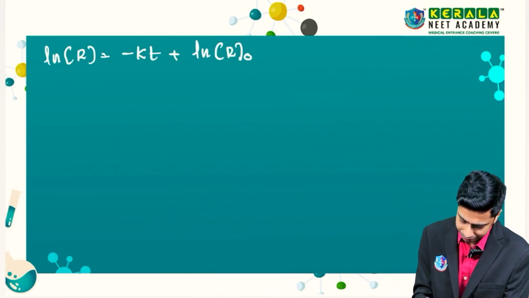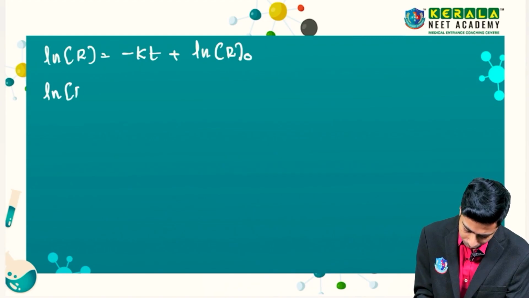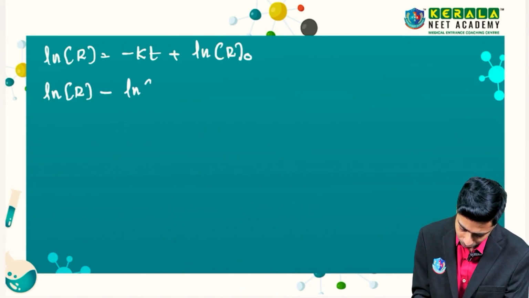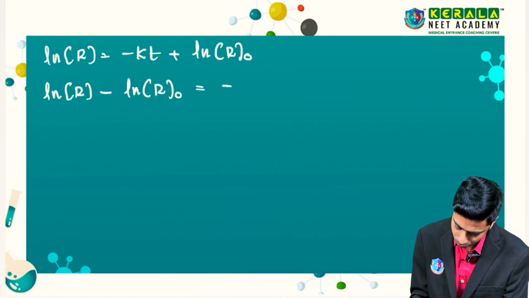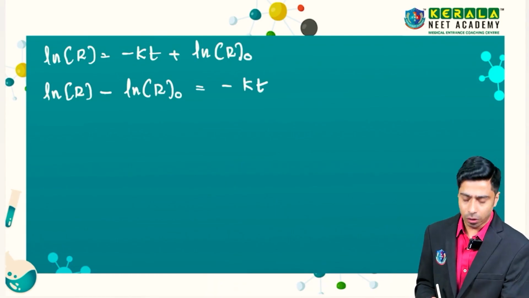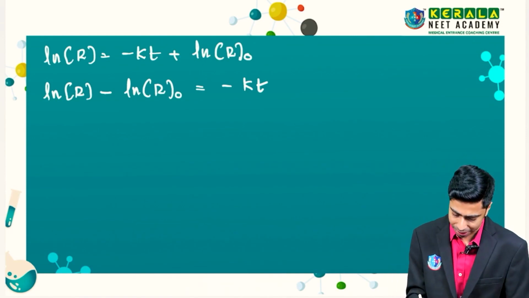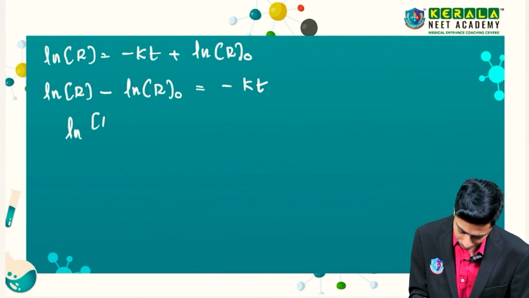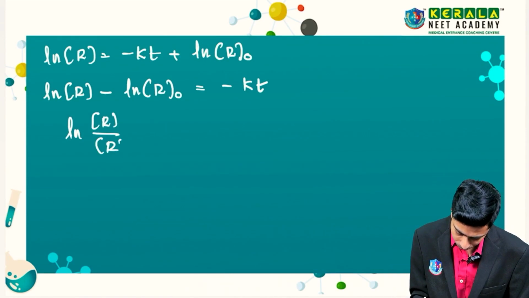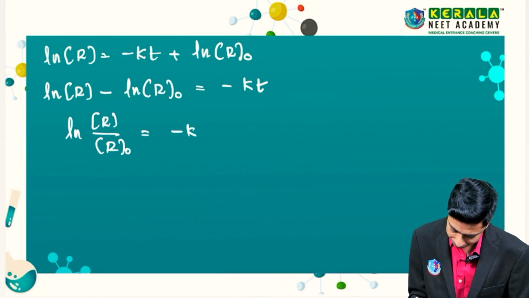So here I can write natural logarithm of r minus natural logarithm of r0 is equal to minus kt. This is log a minus log b, which I can write as natural logarithm of r by r0, that is equal to minus kt.